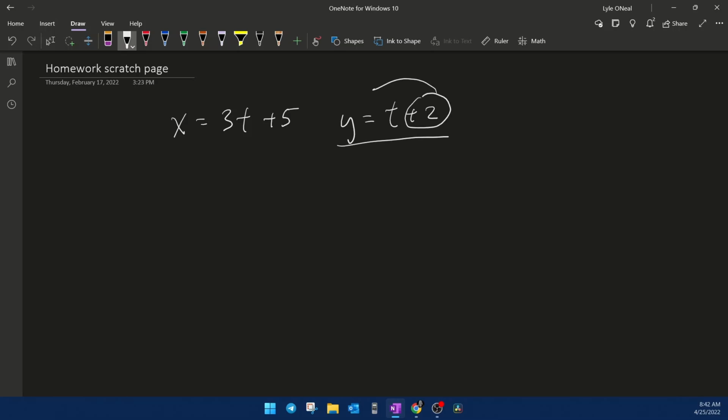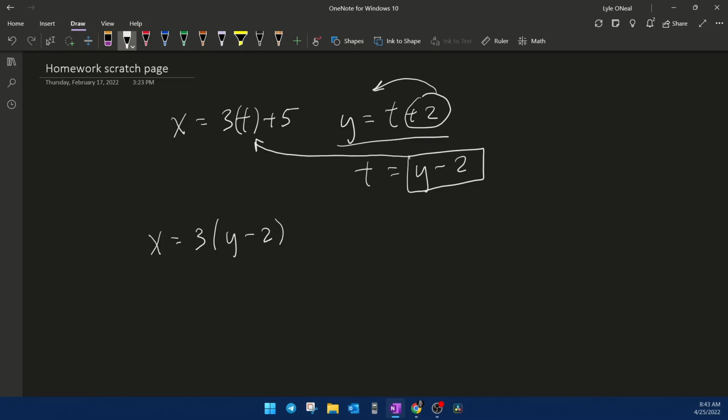All we have to do is move over the 2, and that would give us t is y minus 2. And then we're going to substitute y minus 2 in for t into our first equation. And that's going to give us x equals 3 times (y minus 2) plus 5.